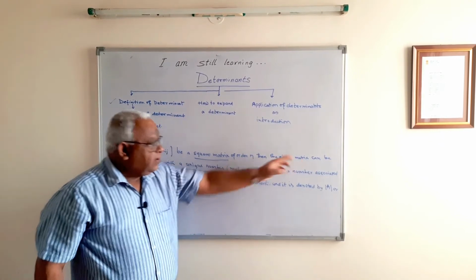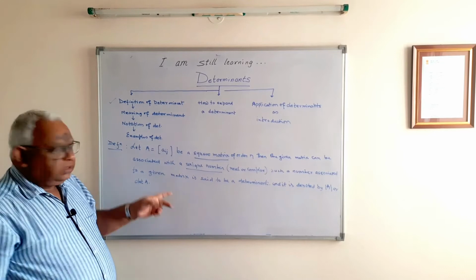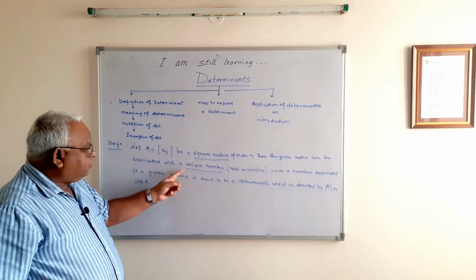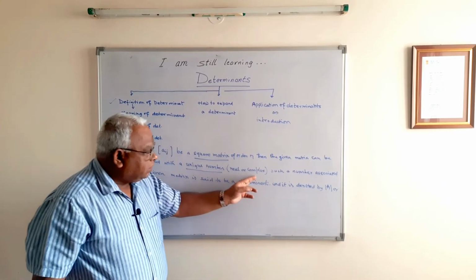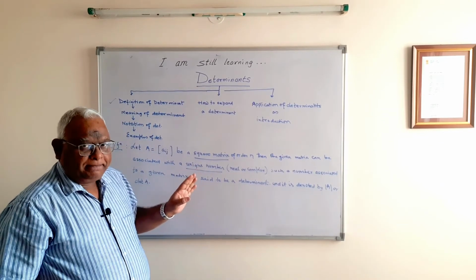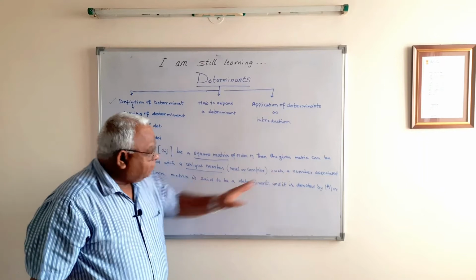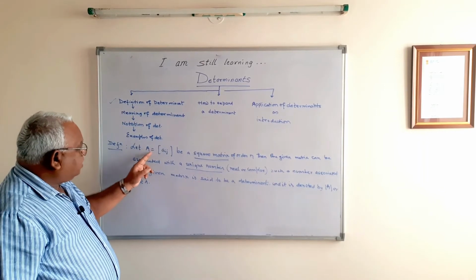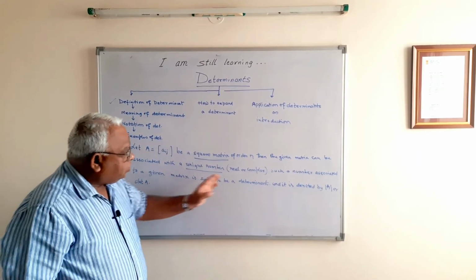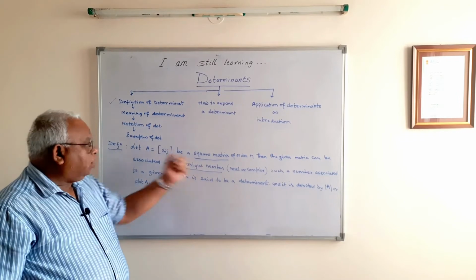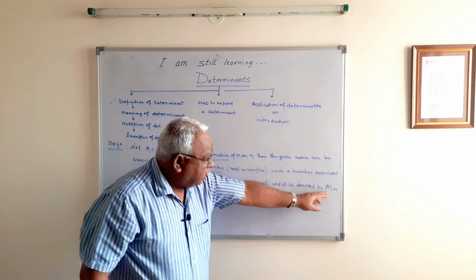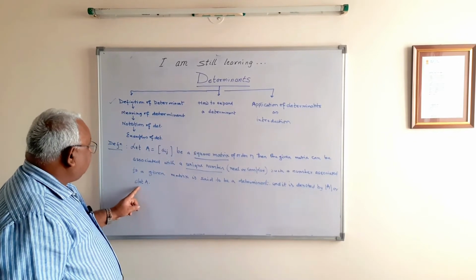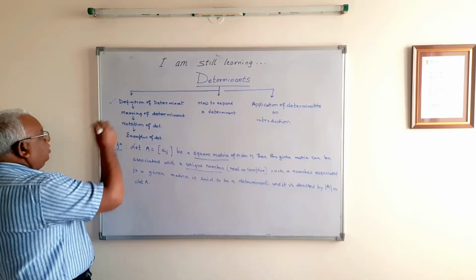Then the given matrix can be associated with a unique number. That unique number can be real or complex. Such a number associated to a given matrix A is said to be a determinant of this A, and it is denoted by either this symbol or this symbol.